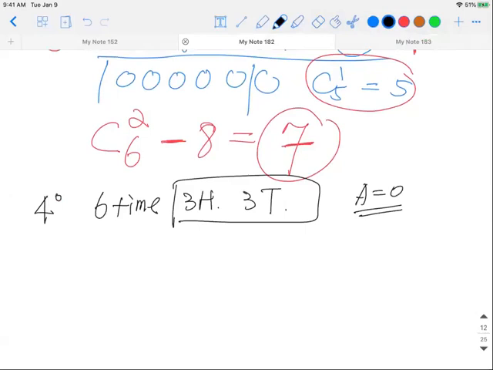Who can tell me how many scenarios 6 times 3 heads 3 tails? Again, I think there are many, many, many scenarios, right? You just, on top of your head, you're going to think many scenarios. So maybe you will do it reversely.